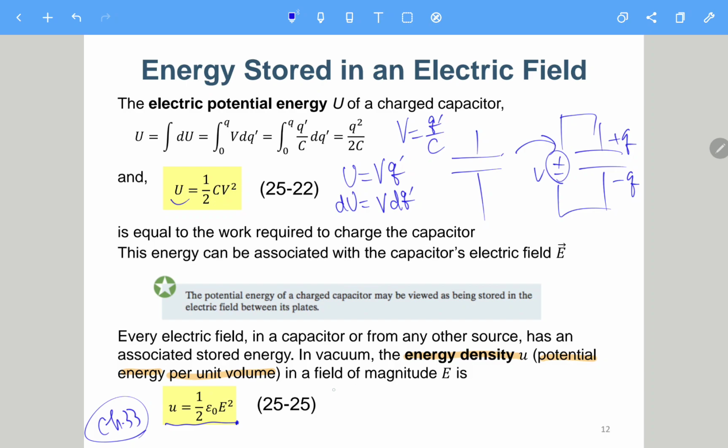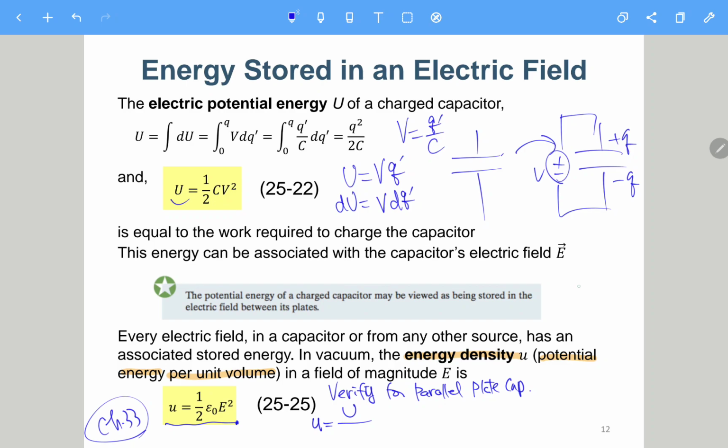So here we just verify for the parallel plate capacitor. Small u is the energy density, which will be the total energy divided by the volume.